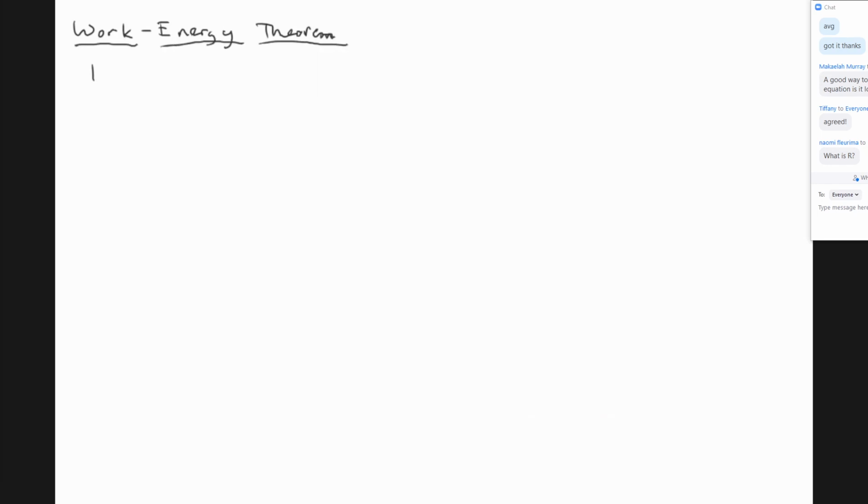So today we learned about kinetic energy, which is 1/2 mv squared. In week 1, we learned that final velocity squared is equal to initial velocity squared plus 2 times acceleration times the change in displacement. And earlier today, we learned that F is equal to ma for Newton's second law.